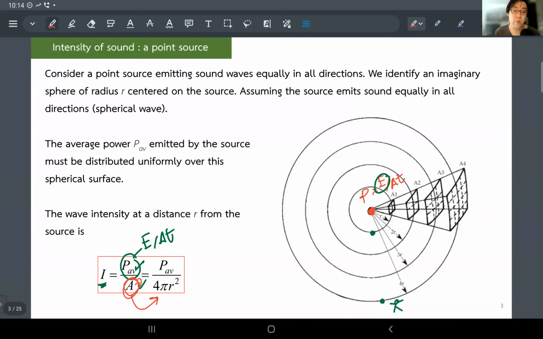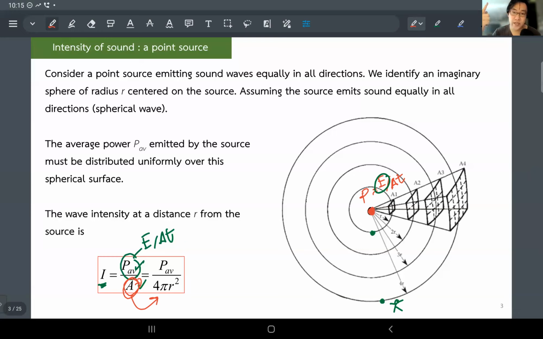This is one reason why when you are walking away from a speaker, the sound from the speaker gets quieter. Is that because the intensity is getting lower? That's why. So the loudness of sound that you perceive depends on the intensity that you observe.